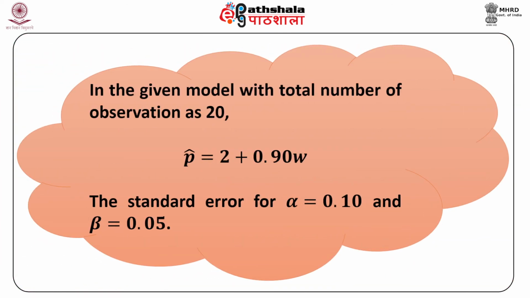So let's conclude this module by looking at an example using both two-sided and one-sided tests. This is our example 4. In this given model with total number of observations as 20, we define beta hat equal to 2 plus 0.90 W. The standard error for alpha is 0.10 and for beta is 0.05.